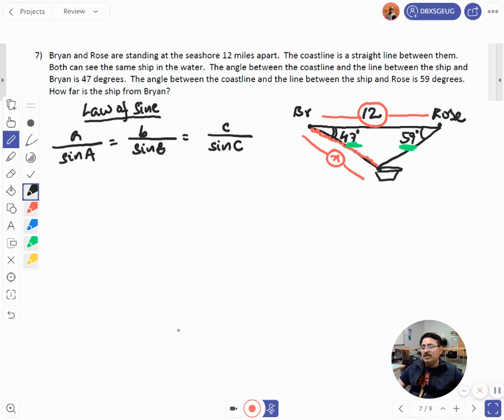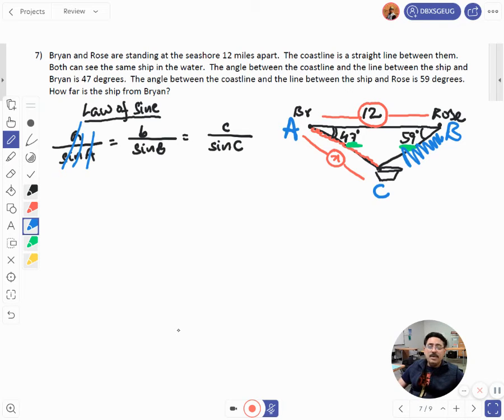It doesn't matter. So here, let me take this one as A, this one as B, and this one as C. Therefore, small a is the side opposite to A, but that we don't know, and this is not necessary also. So I'm striking this part because that is not required.